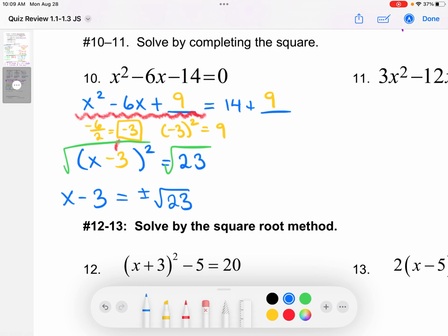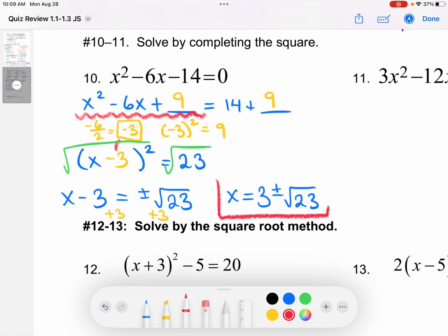We need the plus minus because we took the square root in order to solve. Now, to solve this for x, we would need to add 3 on both sides. So x equals 3 plus or minus the square root of 23. And there are your solutions.